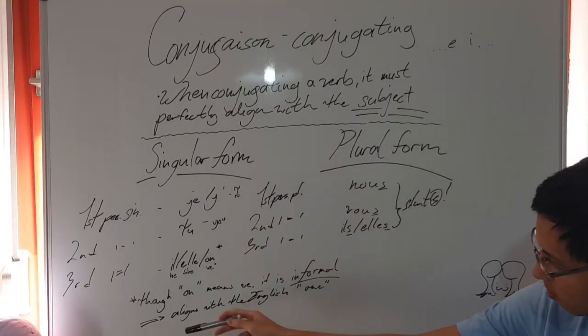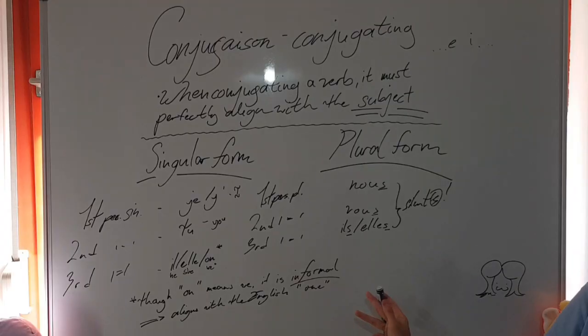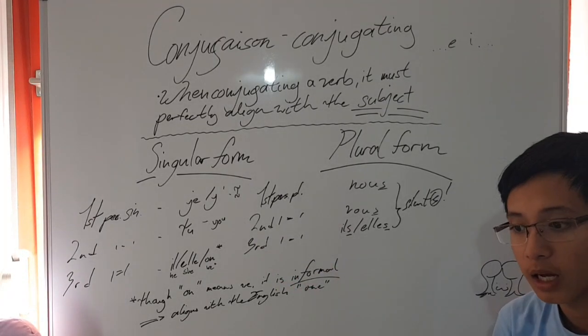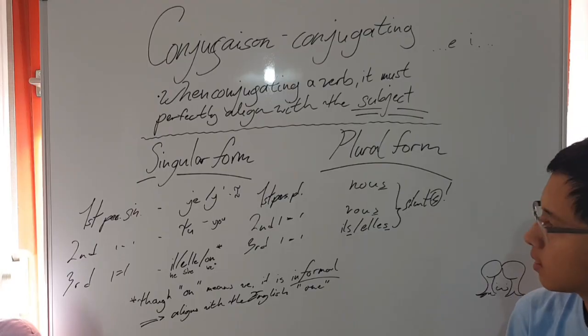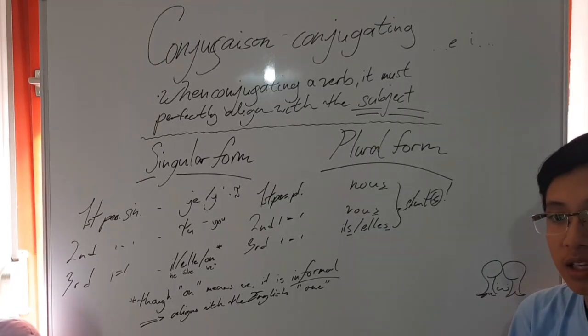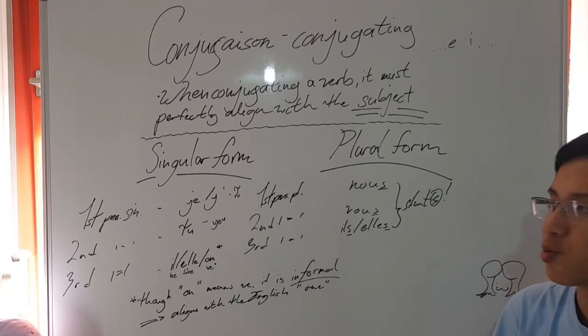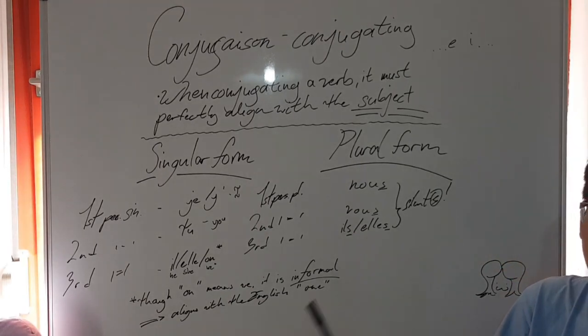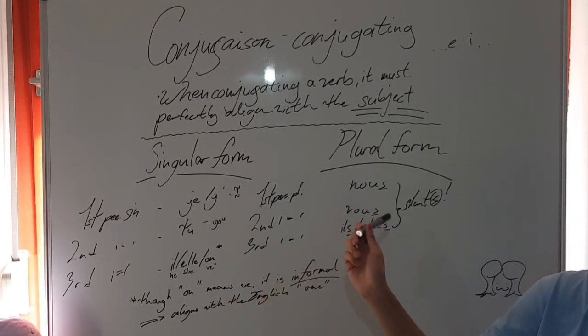And I actually wrote an explanation as to why it's there. Even though on can mean we, it is deemed informal in the French language, which means you can use it in everyday conversations, but when we try to write something, you have to use the formal version of it, which we'll talk about later.